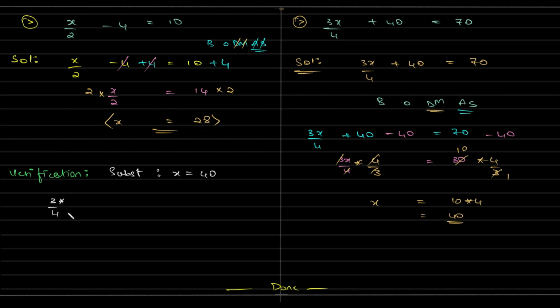So in place of 3 by 4 into x, I'll write 3 by 4 into 40 plus 40 is equal to 70. Then once I solve it, if I get a true statement, then that's the solution. So 4 ones are 4, 4 tens are 40, 3 tens are 30, plus 40 is equal to 70. So 70 is equal to 70. This value is the solution as we got a true statement.